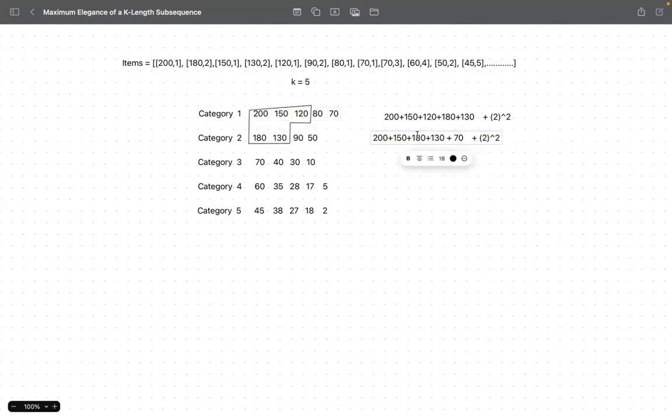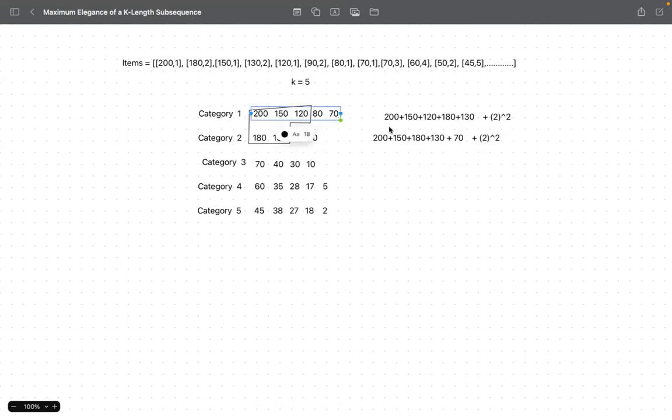So greedily, I'll do two things. From the not used categories, I'll take the maximum of these, and I'll remove the minimum of all the duplicates.